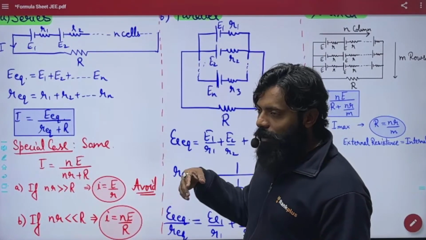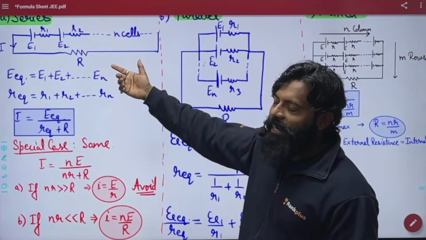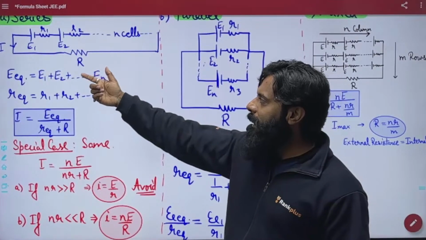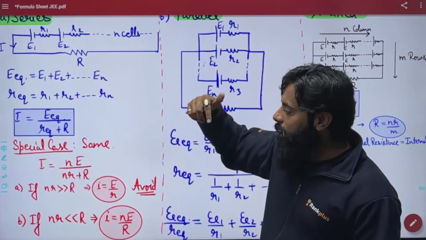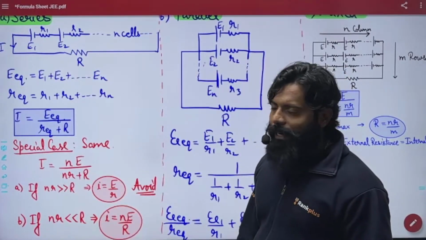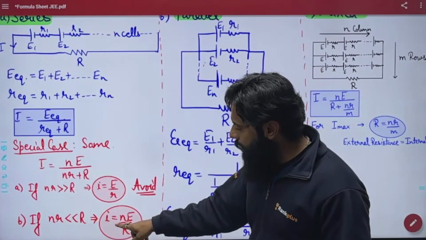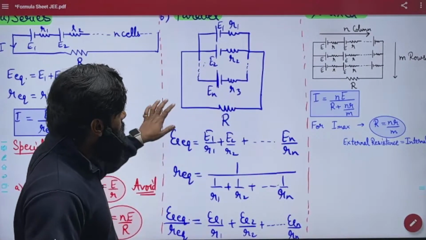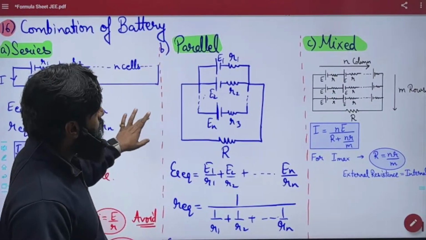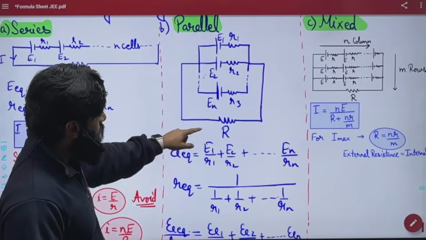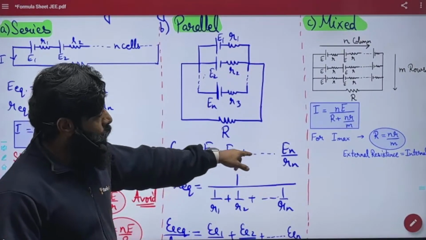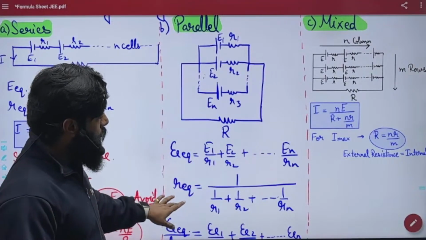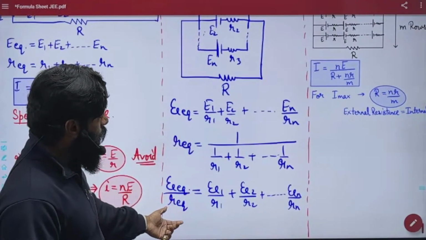If I have to connect my batteries in series, I want my external resistance to have a higher value compared to the internal resistance. In that scenario, I get I equals nE divided by R. In case of parallel connection, I can use E equivalent by R equivalent equals E1 by R1 plus E2 by R2 plus so on, up to En by Rn, and R equivalent is given by the reciprocal formula which you have.